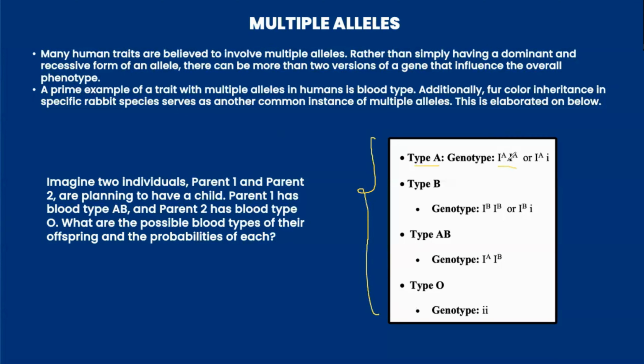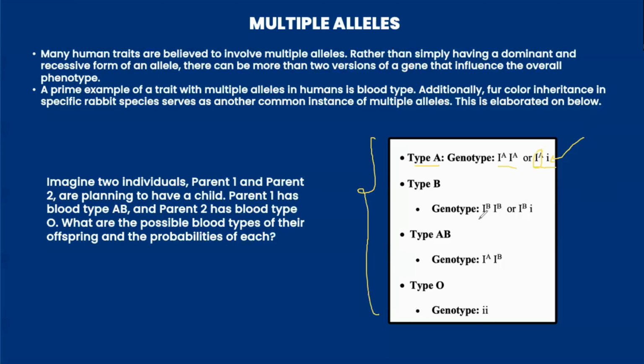We designate this I indication just as a placeholder, just to note that this is blood type. So for the genotype for blood type A, you could have two dominant capital A's, or you could just have one capital A, and they have a lowercase i as a placeholder to designate those alleles.